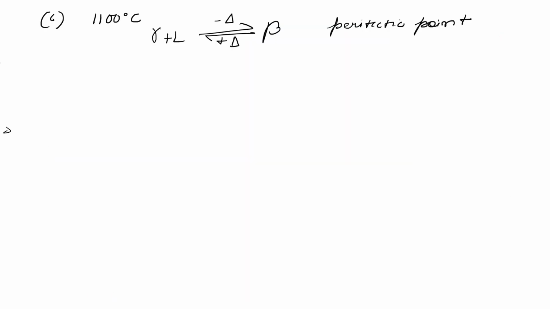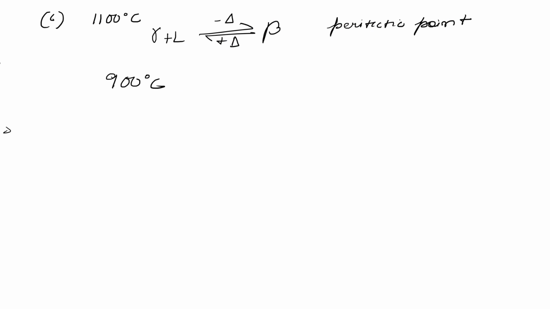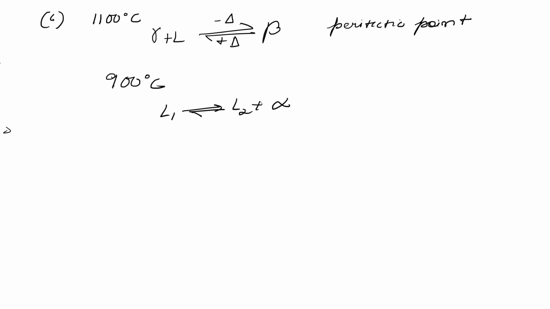For at 900 degrees centigrade, we have this eutectic point in which L1 transforms to alpha plus L2. So since it's not a complete solid transition, we don't have an actual solid below 900 degrees centigrade. We have alpha plus liquid, so it is called a monotectic, not eutectic.